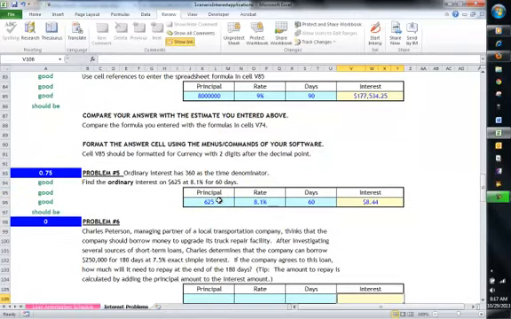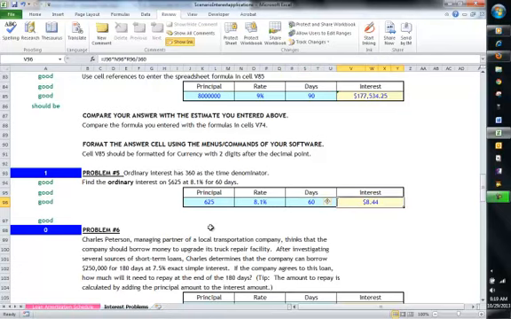The rate is 0.081. The days is 60 days, and the interest is the principal times the rate times the time divided by 360, which is $8.44.